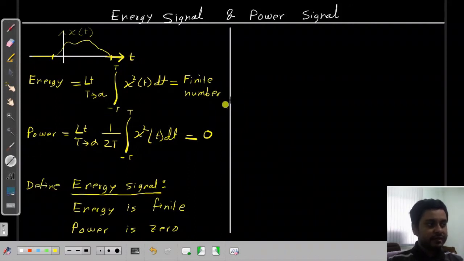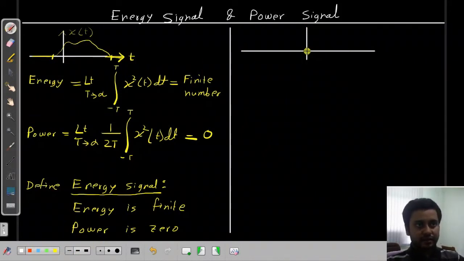Now on the other hand, consider a signal, say, which is, for example, periodic, and say that is sin(omega t). So it continues on both sides, starting from minus infinity to plus infinity.